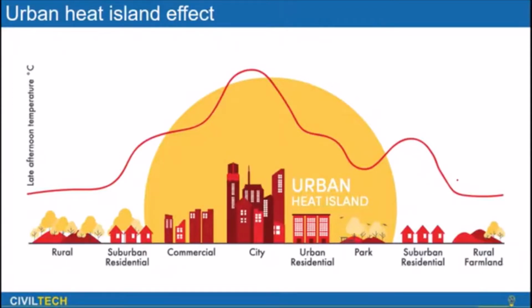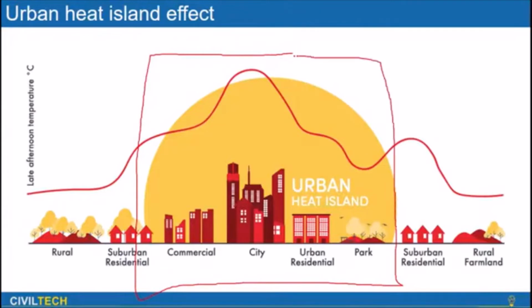So the urban heat island effect is a phenomenon where, for example, this is the city region, right? So this is commercial, city, urban, residential, park. These are the different categories mentioned. We say whether the urban heat island effect is present or not in a particular city.